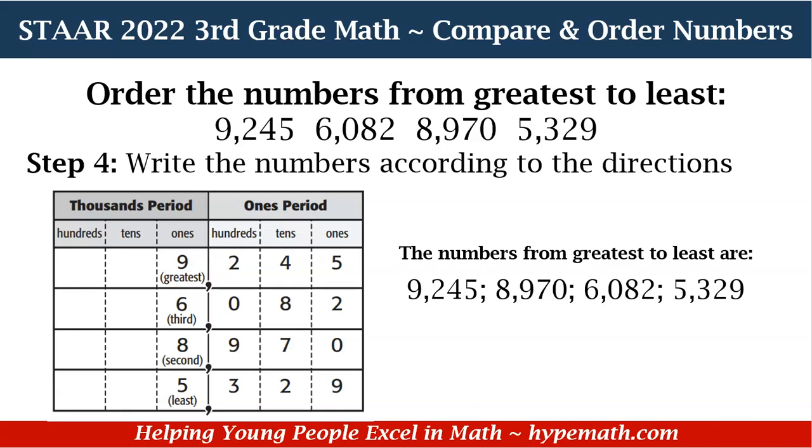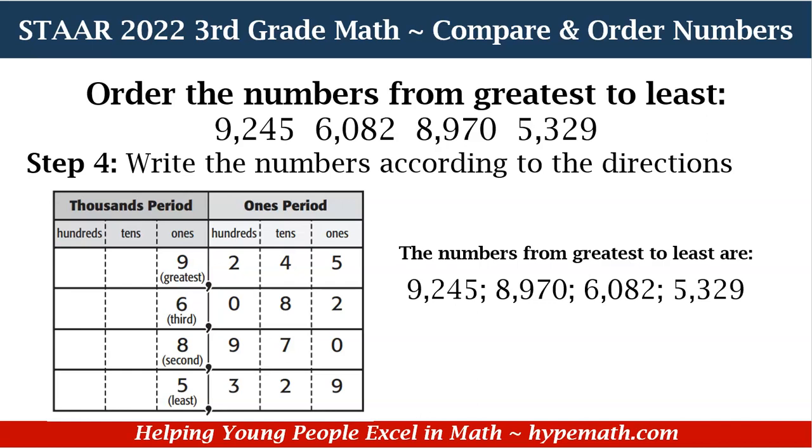Now that we have those two numbers, the only two numbers we need to look at are 6 and 5. So what's the greatest number between 6 and 5? Yes, it is the 6. So our third number is 6,082 and our last number is 5,329.